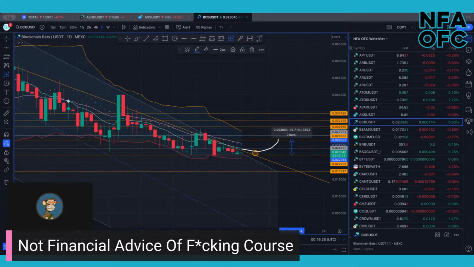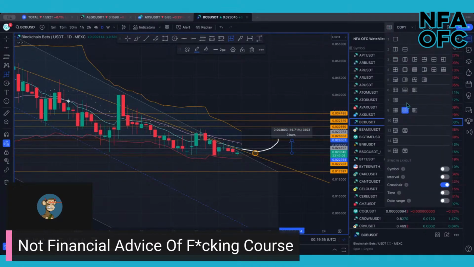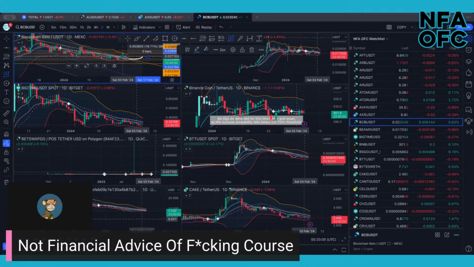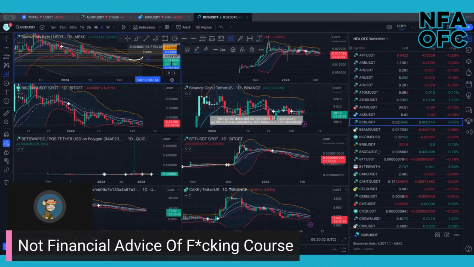Current price 0.023045. I'm going to check this one tomorrow. Nice and early. Oh yeah, now it's a little dot for sure when I do it on that too.